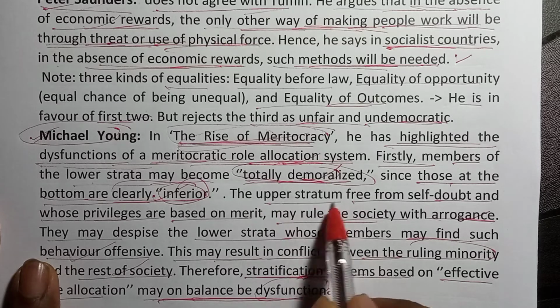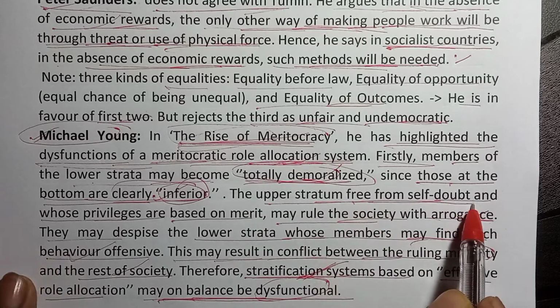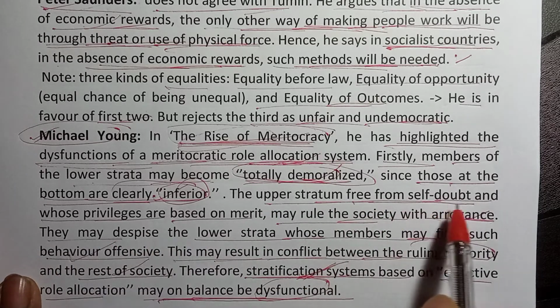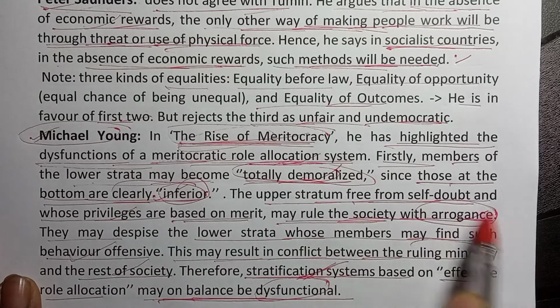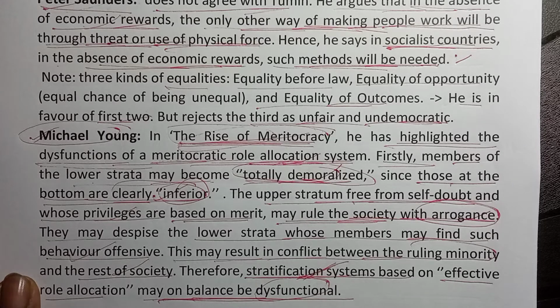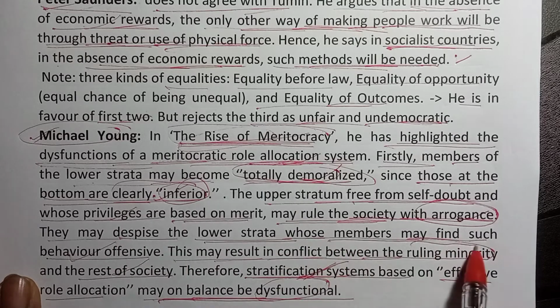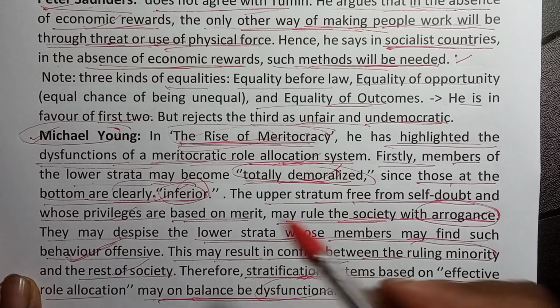The upper stratum, free from self-doubt and whose privileges are based on merit, may rule the society with arrogance, and they will become insensitive to the bottom strata. They may despise the lower strata, whose members may find such behavior offensive.